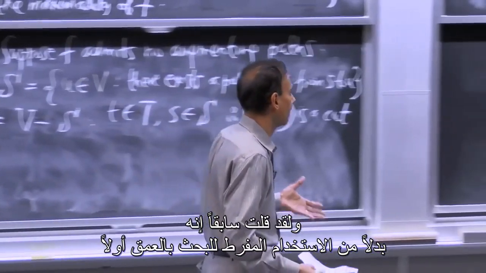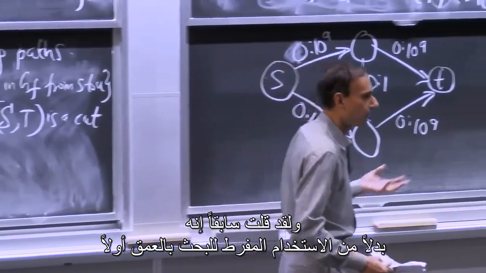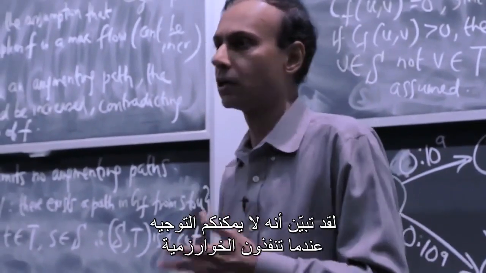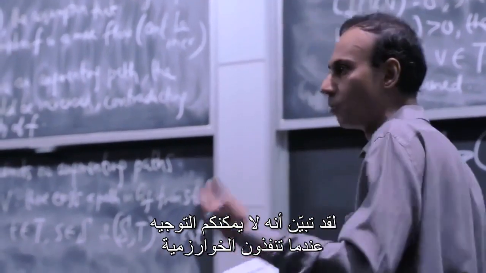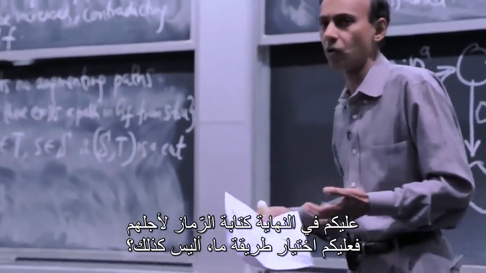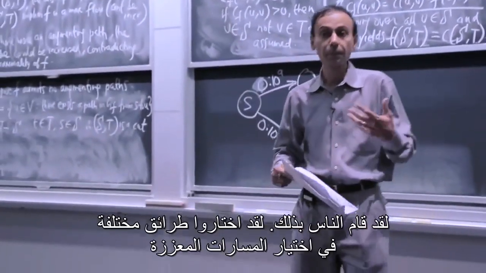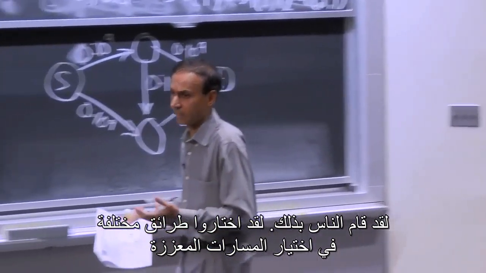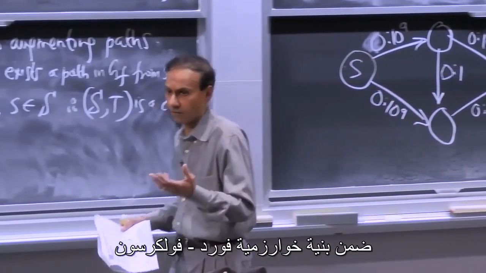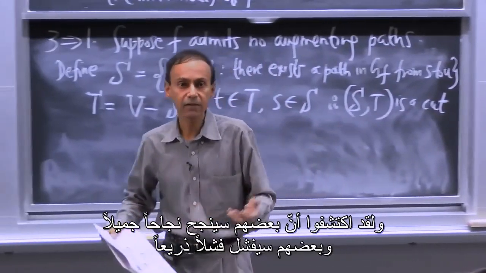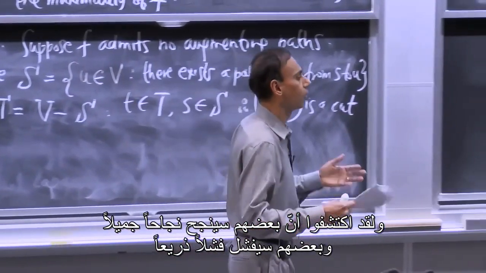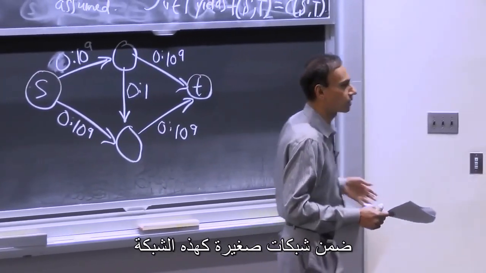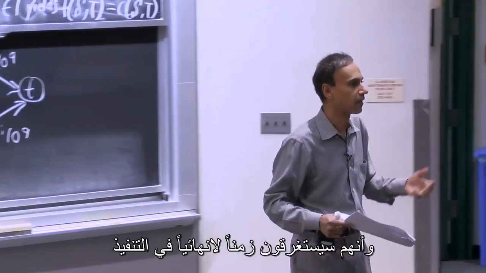And in passing, I said we'll use depth first search, we'll use breadth first search, and kind of hand wave my way through that. Now, it turns out you can't hand wave when you want to run algorithms. Eventually, you have to code them up, and you got to pick something. So people picked different ways of selecting augmenting paths in the Ford-Fulkerson framework, and they discovered that some of them would work beautifully, and some of them would fail miserably on networks as small as this, and they'd just take forever.